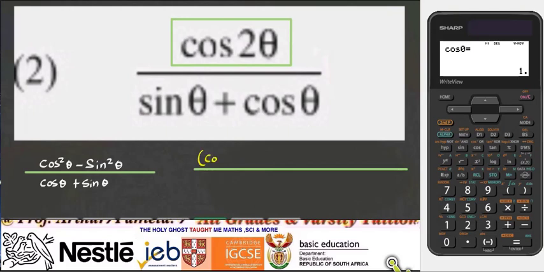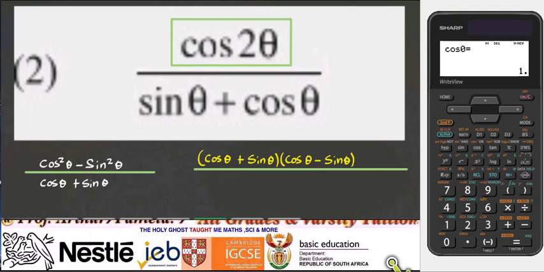So you write cos of theta plus sine of theta, close the bracket, open the bracket. You now have cos of theta, now you use a minus sine of theta. And then the bottom will stay as it is.